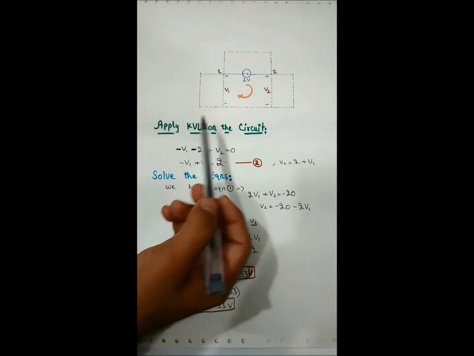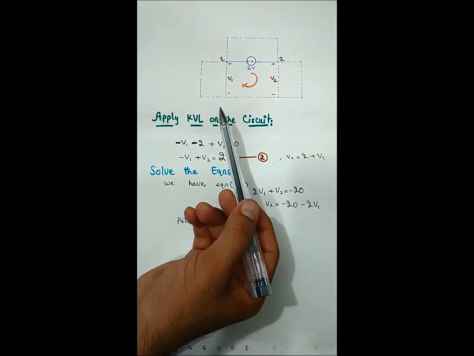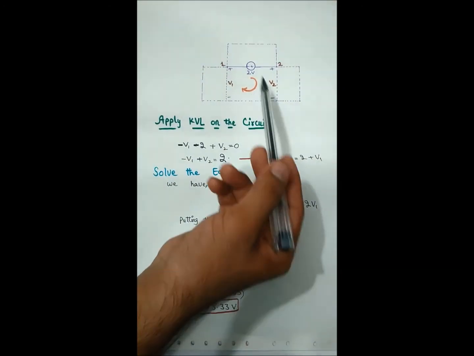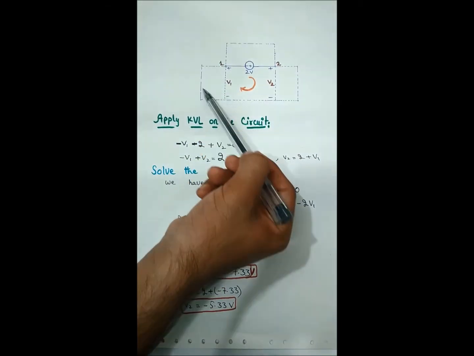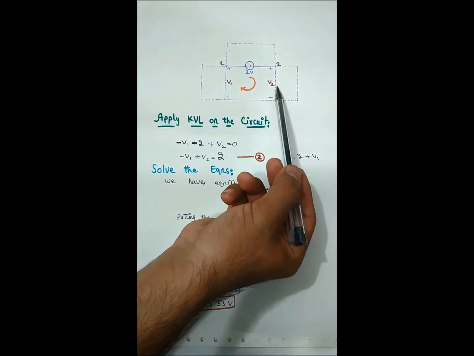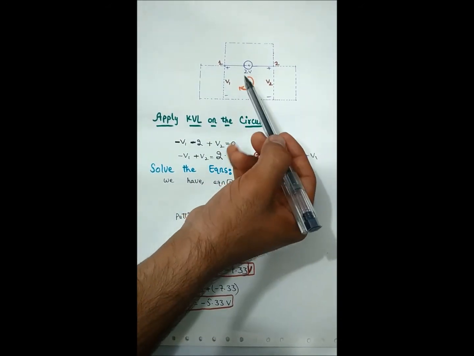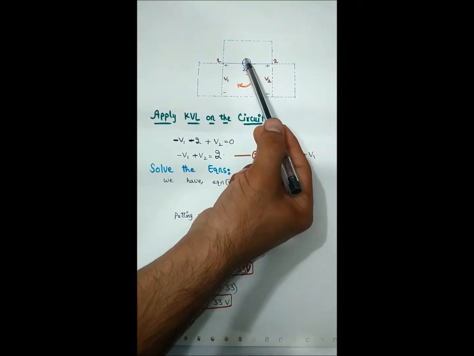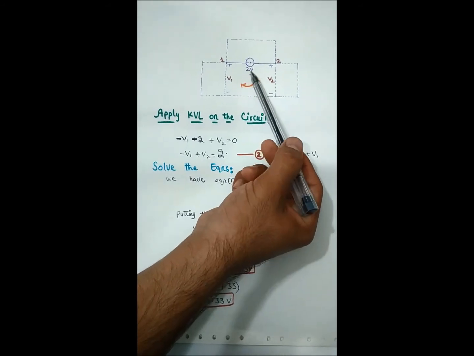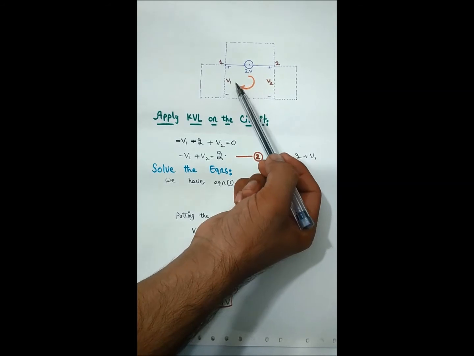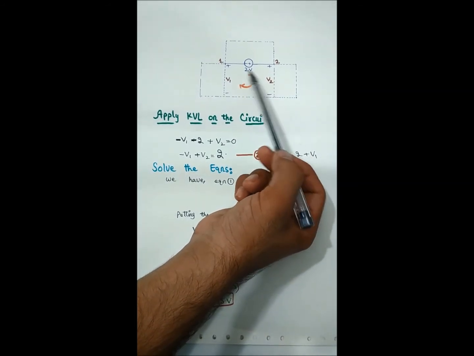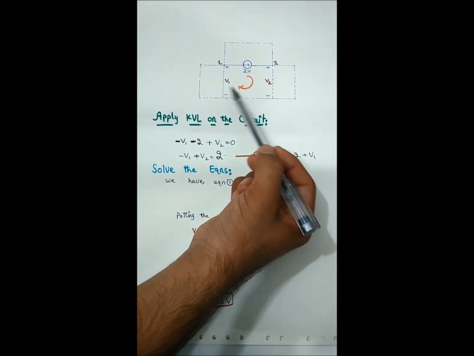Here I have the same circuit. Now we will apply the fourth step, which says to apply KVL on the supernode or on that circuit. We neglect all the other elements as we did in step 3. Here we simply consider the 2 volt voltage source connected between the two non-reference nodes.